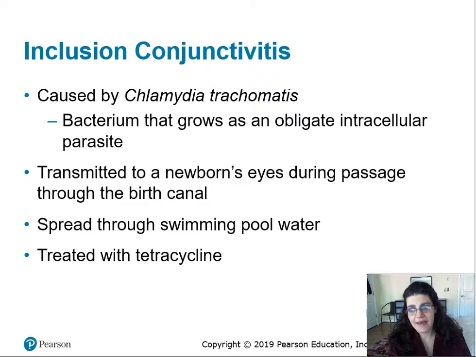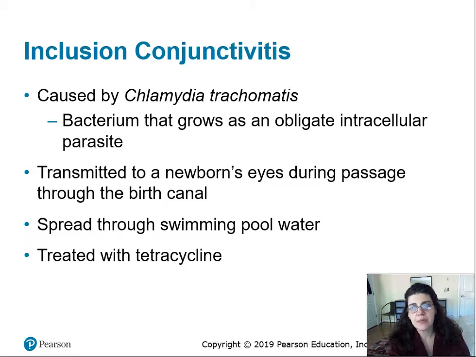Inclusion conjunctivitis. This is a slightly different conjunctivitis than the one we talked about before. Because here, first, the etiological agent is Chlamydia trachomatis. So this bacterium is from a different strain than the one that causes the sexual disease, which we're going to talk about later. Okay.